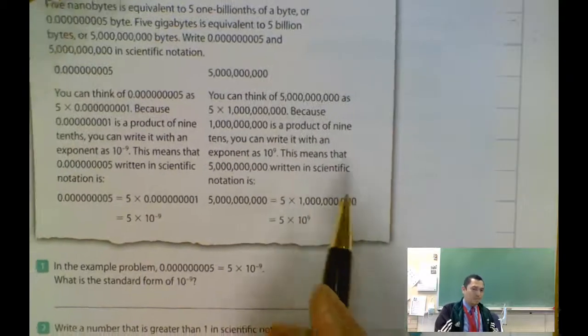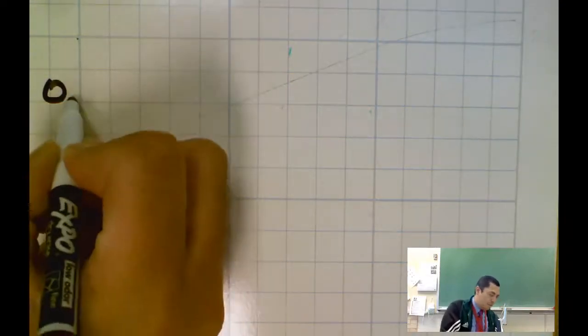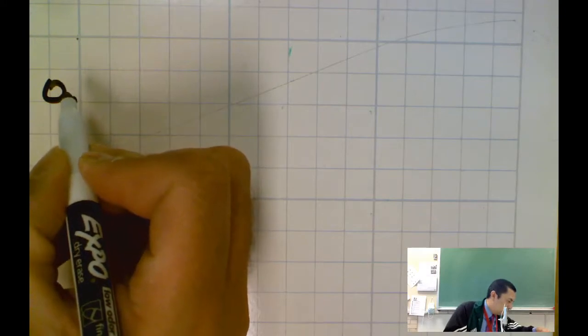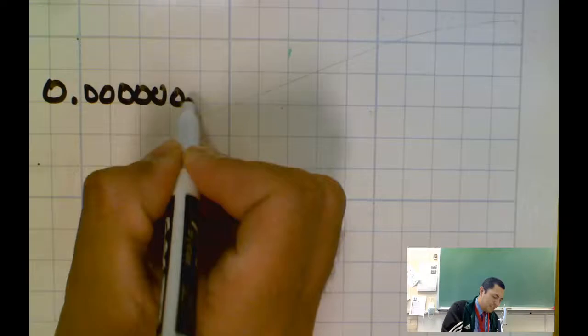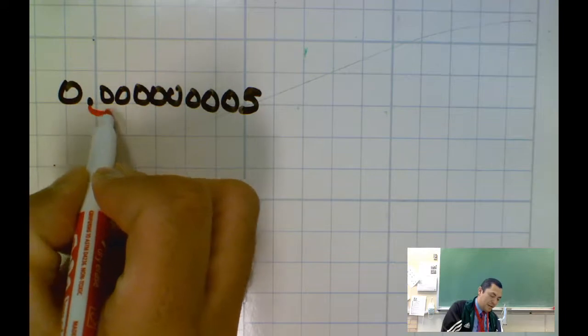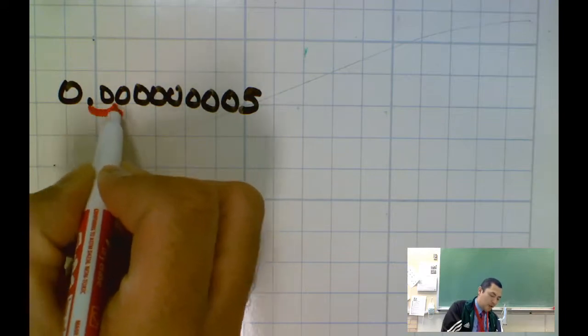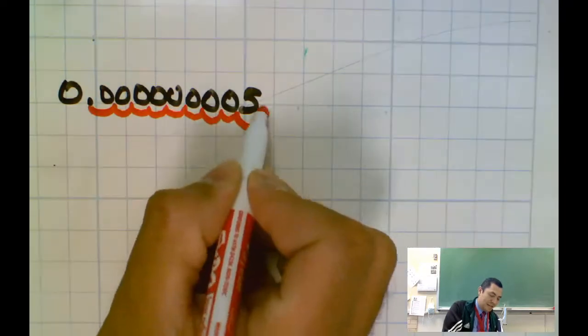Now, one way that I've been using in this class is, for example, if you write 0.1, 2, 3, 4, 5, 6, 7, 8, and then you have 5. Remember that I mentioned, if you go to the right, count how many places. So 1, 2, 3, 4, 5, 6, 7, 8, 9.